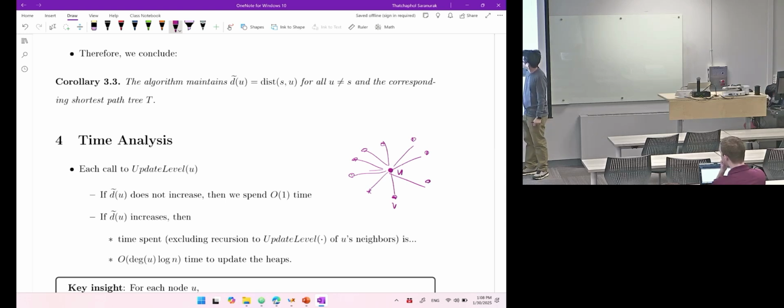When you update the level of U and increase it, you spend some time calling each of these neighbors.